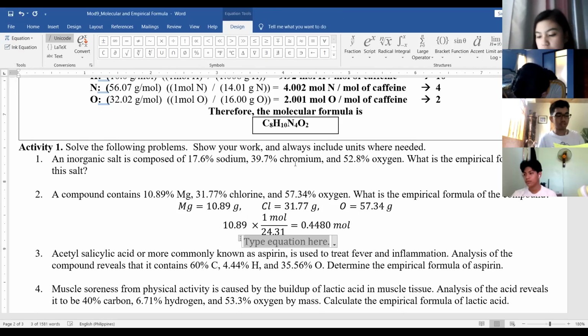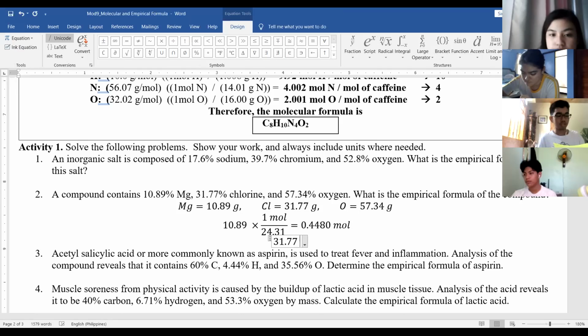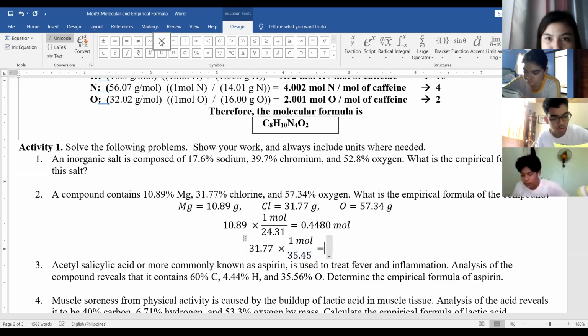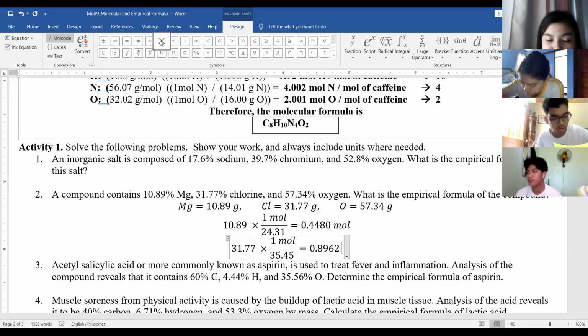Continue with chlorine. Chlorine with a mass of 31.77 in the sample. And the mass of 1 mole of chlorine is equal to 35.45 grams. Divide 31.77 by 35.45, you'll get the decimal value 0.89619. Follow?